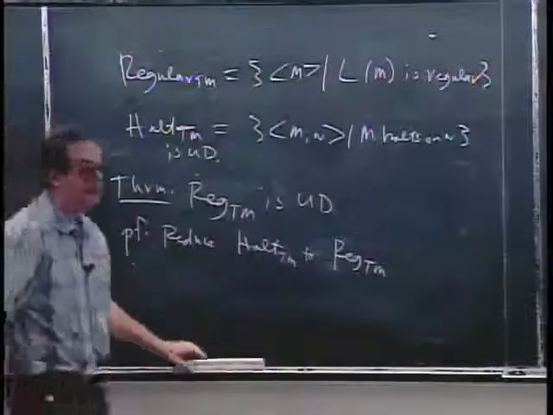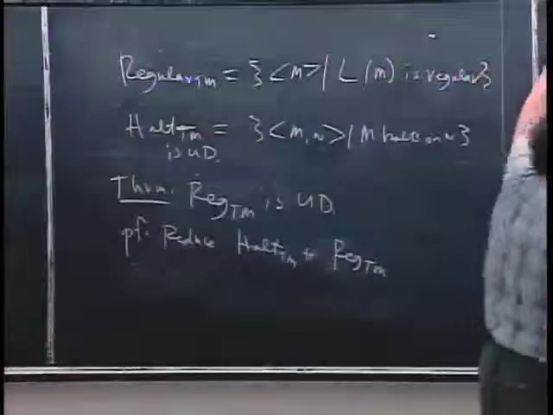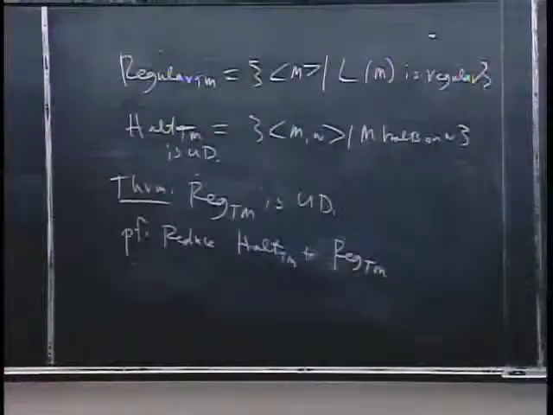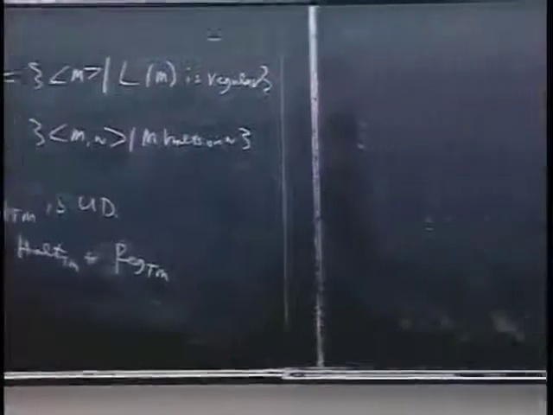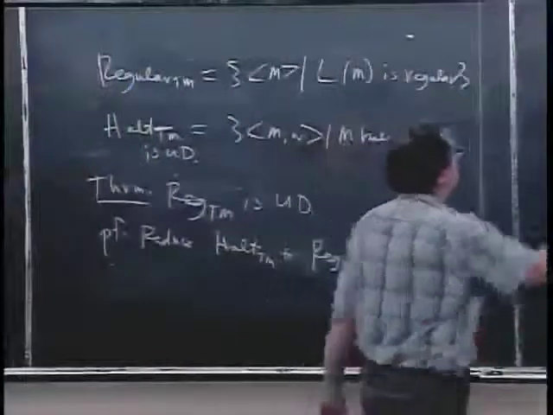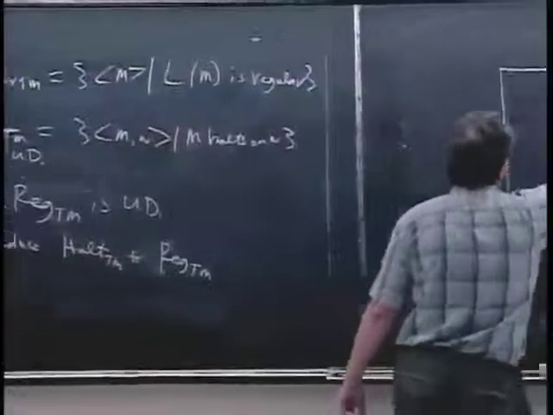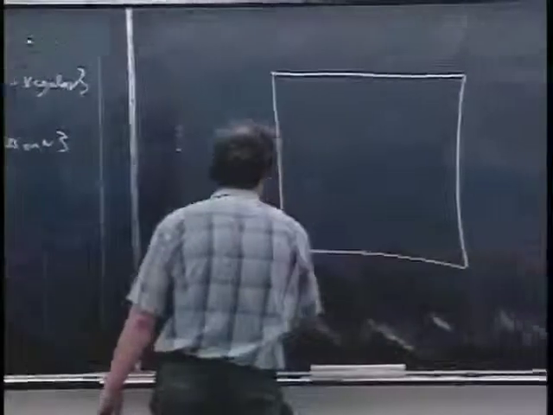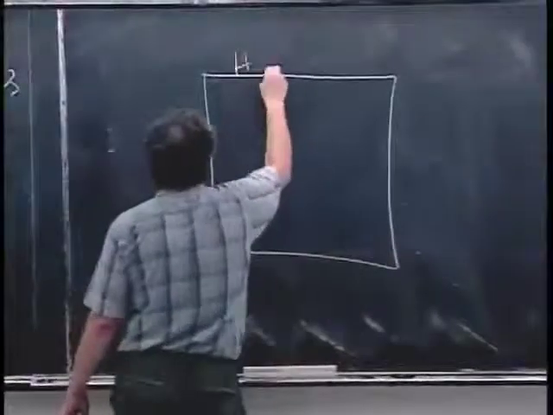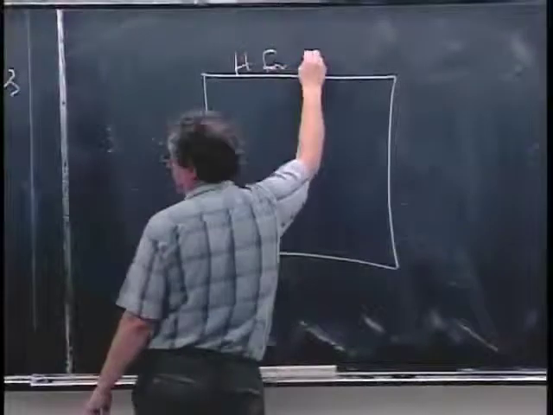All right, let's draw our boxes so we can get our wits together. So we're reducing HALT to REG. That means we want to build a Turing machine H that decides HALT.